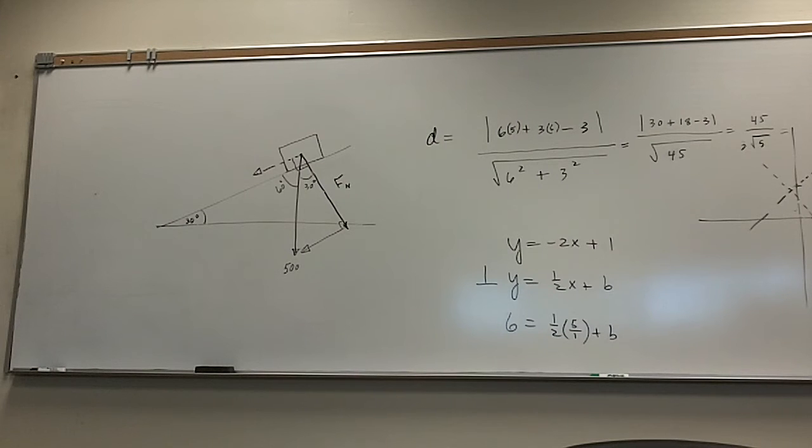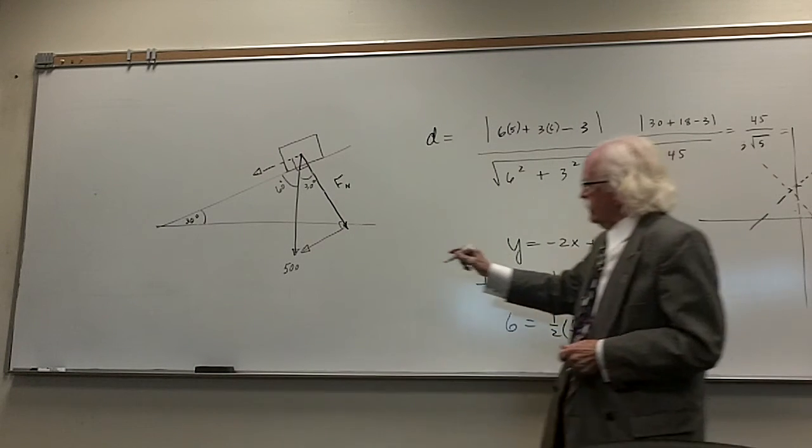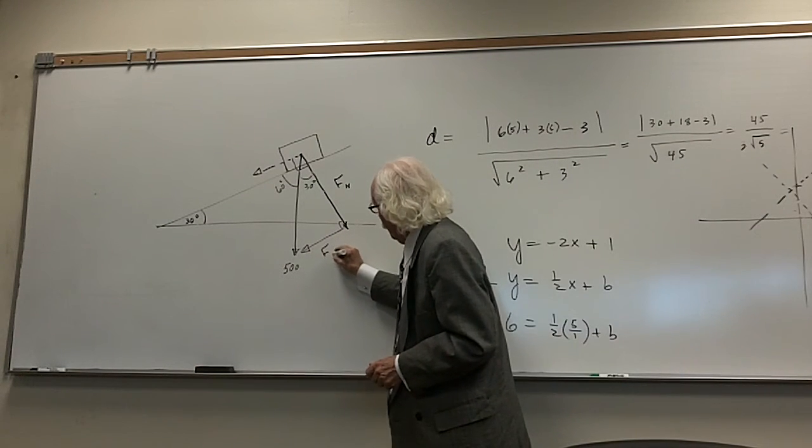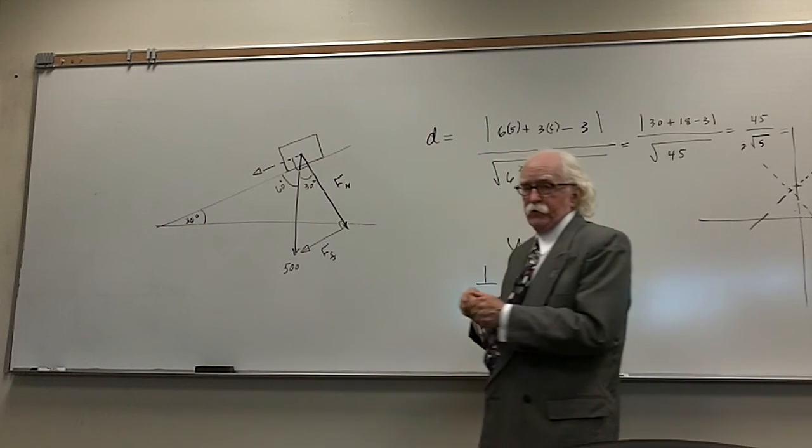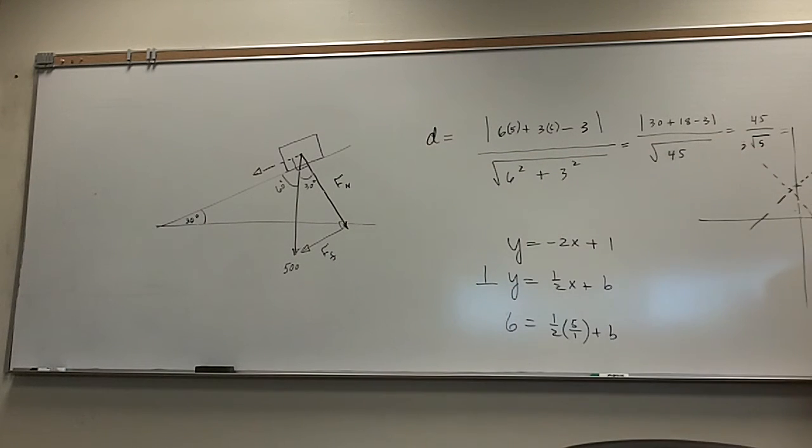Now, I'm going to stop at that point because we won't get into this until a little bit later in the course, where you will be able to calculate. This is called the frictional force, by the way. That's the frictional force acting down the plane.